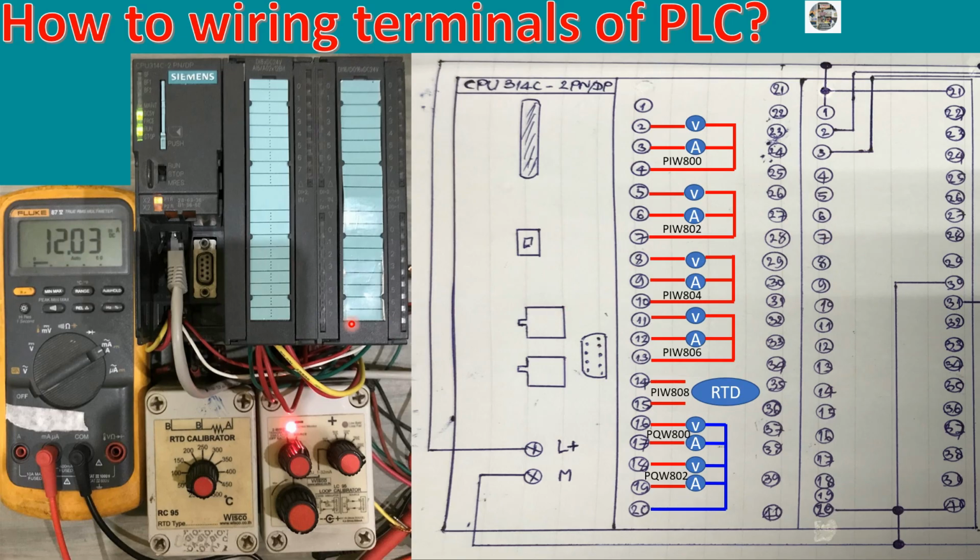And I will use a multimeter set to 2 milliamp to measure the analog output from the PLC.